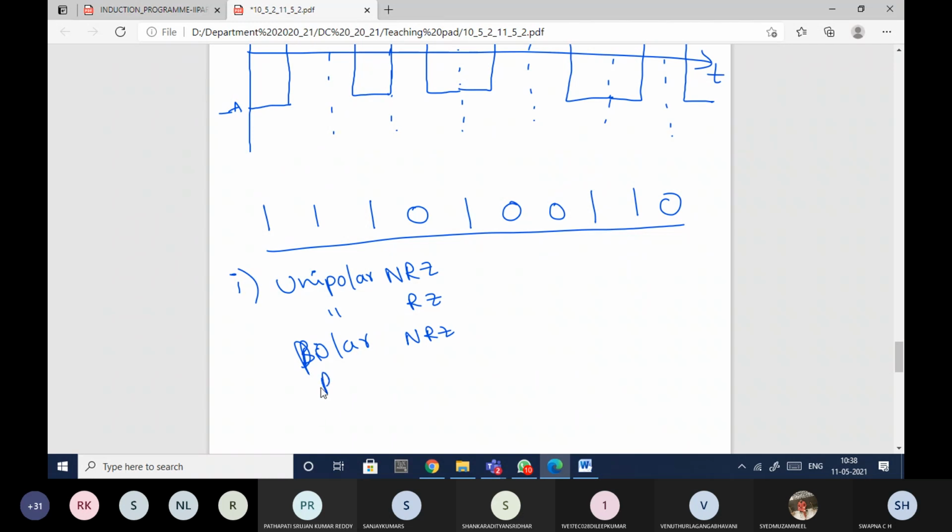Fourth one, polar RZ. I mean to say all the formats you need to write here. Bipolar NRZ, bipolar RZ, split Manchester. Quickly do this, we'll go to the next topic.